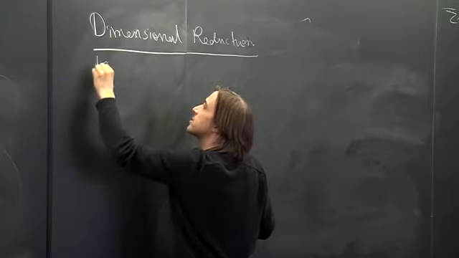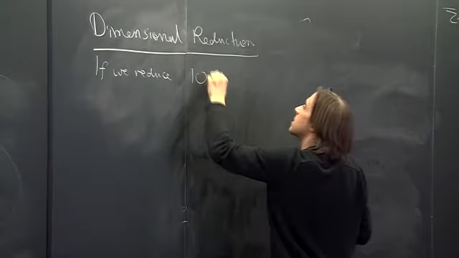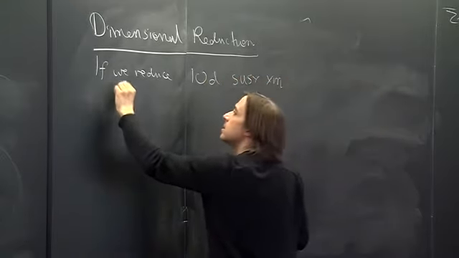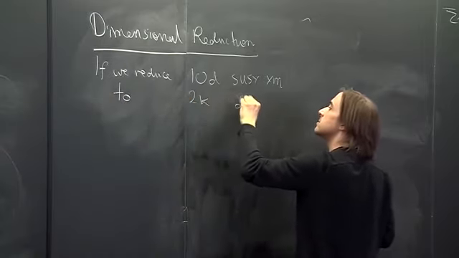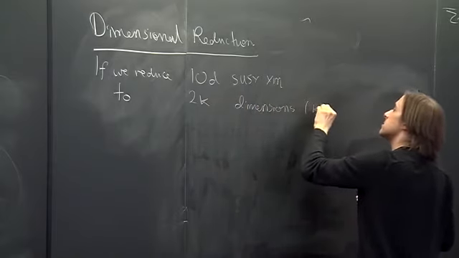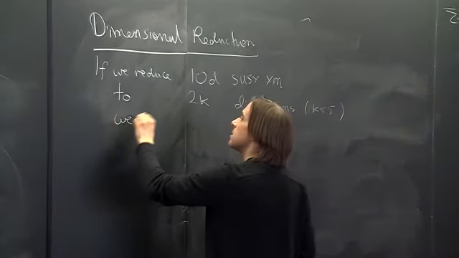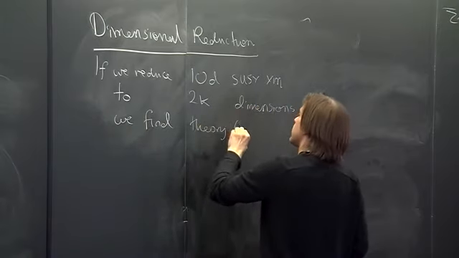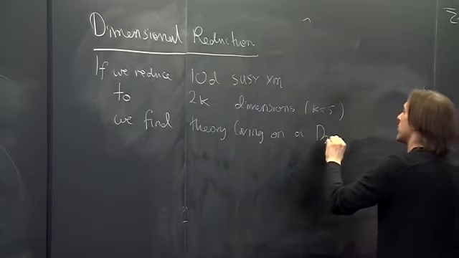So if we reduce 10-dimensional supersymmetric Yang-Mills to 2k dimensions, what we find is the theory living on a D(2k minus 1) brane.